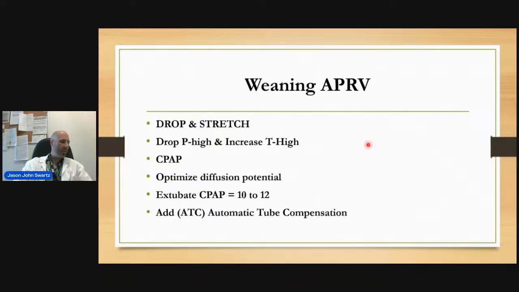So for the weaning of this, it's very simple. As the condition of the lung and the compliance improves, just like pressure control or pressure support, you're going to need less and less pressure to generate a certain amount of tidal volume. The same thing applies here.